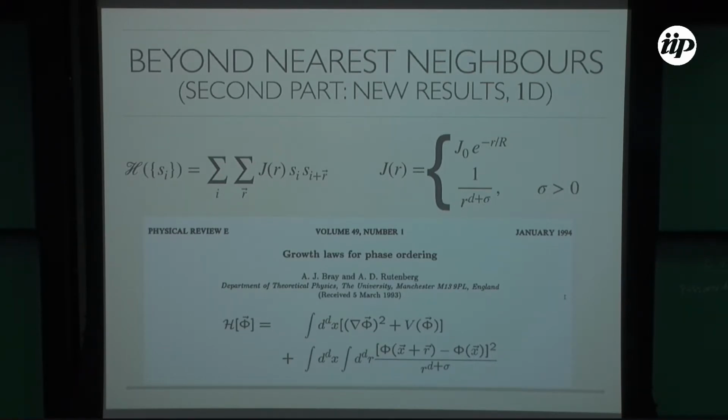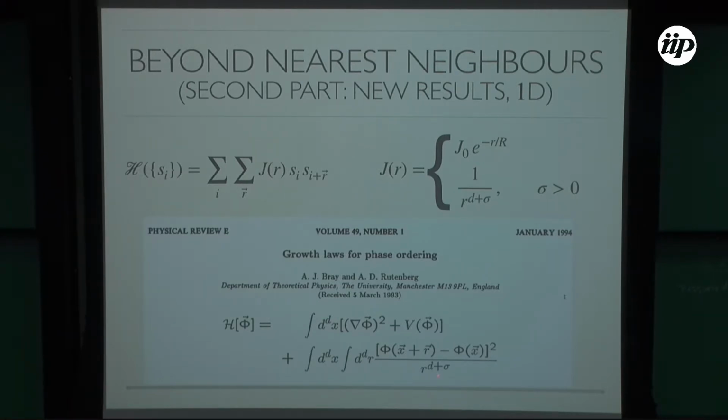I have to admit that I'm not an expert in long range. I never worked on that, and neither did my collaborators. At some point, someone came to me and said, why don't you look at extended interactions? To my surprise, I realized that apparently there is not much literature on this.